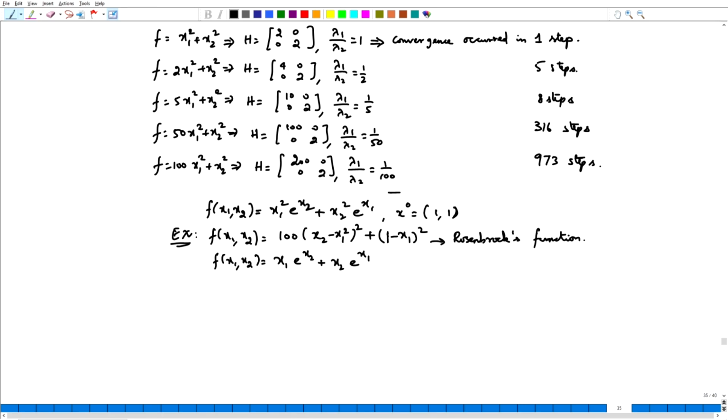So, you can find the answer by applying the gradient descent algorithm, using the Python code that we have just constructed. Fine. So, I will close the discussion on gradient descent at this point.